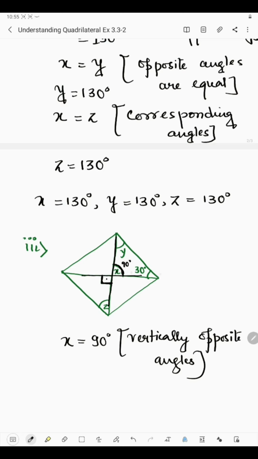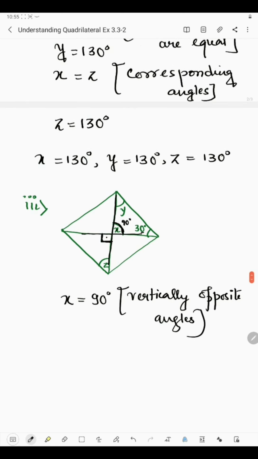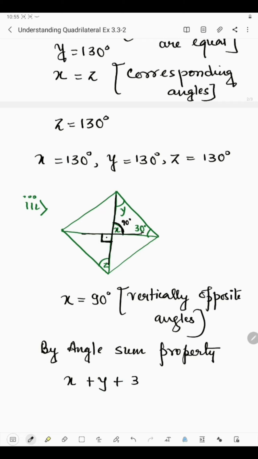Now this is a triangle. Here we have 90 degrees and here we have 30 degrees. So we need to find the value of y. What will you write? By angle sum property we can write angle x plus angle y plus 30 degrees is equal to 180 degrees.